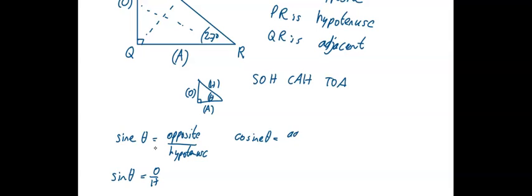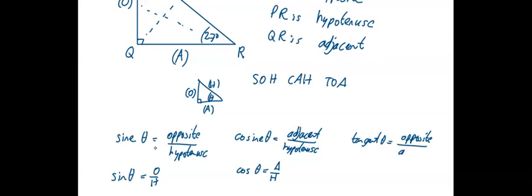Cosine theta is equal to adjacent over hypotenuse. And how it could be abbreviated is cos theta is equal to capital A over capital H. And the last one is tangent theta, which is equal to the opposite over the adjacent. And it can be abbreviated to tan theta is equal to O over A.